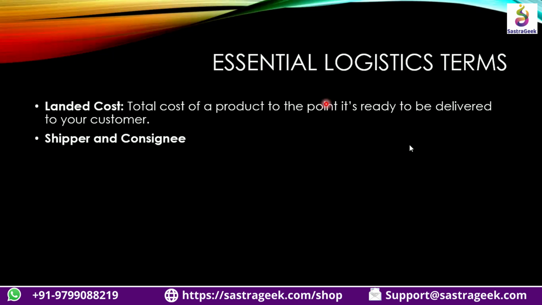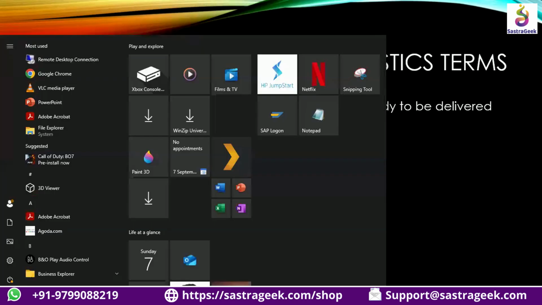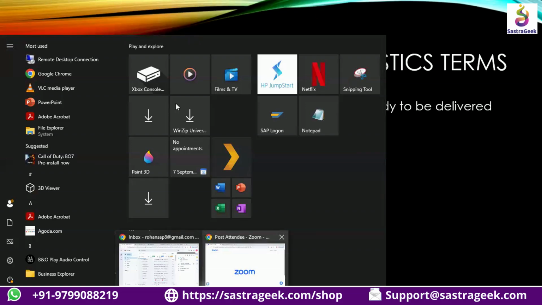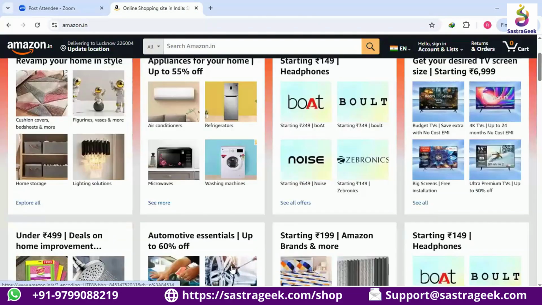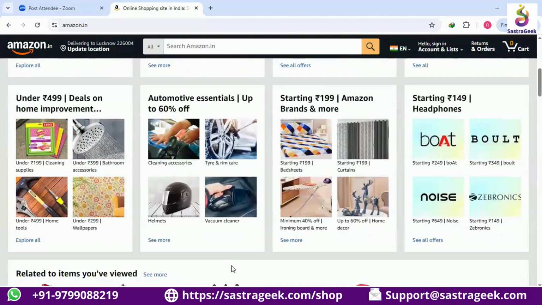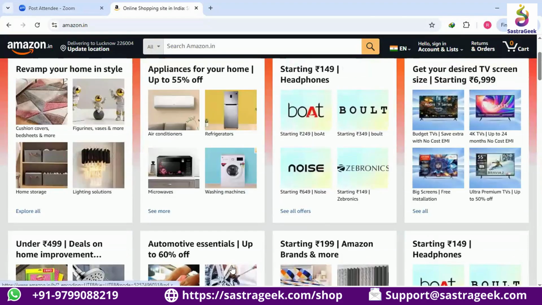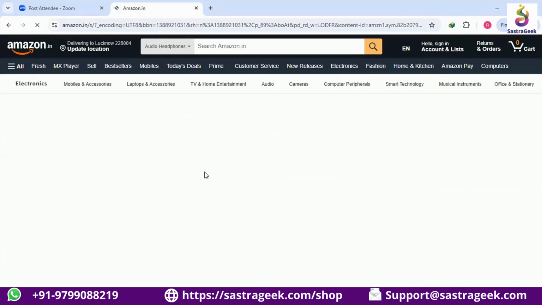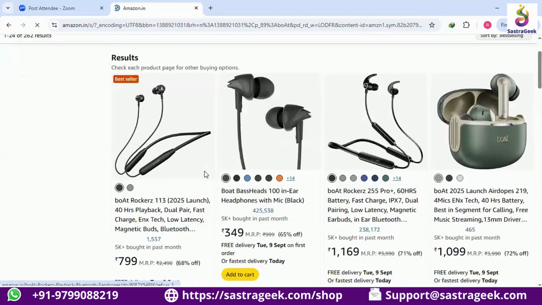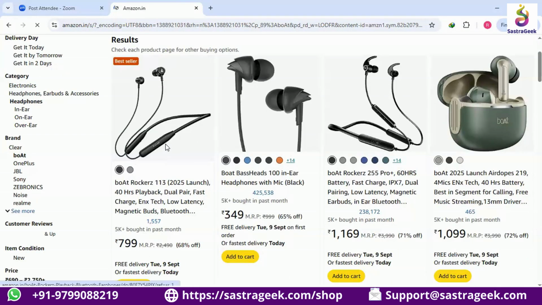So let's take a very simple and live platform as an example. We might have used this particular platform.